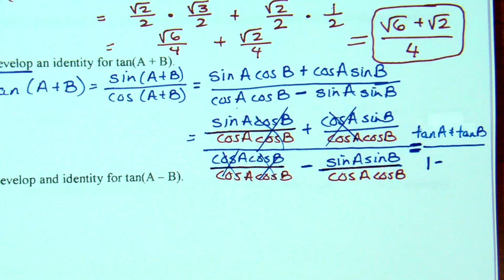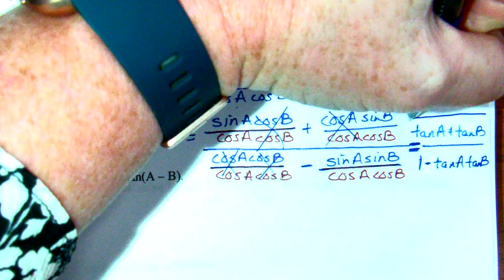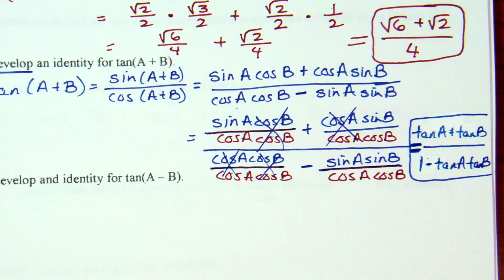No, nothing cancels, but it's sine A over cosine A and sine B over cosine B, which can be rewritten as what? Tangent A, tangent B. So in my denominator, I'm now going to have 1 minus tangent A, tangent B. Maybe vaguely familiar, that fraction? Okay, that was the sum identity for tangent.